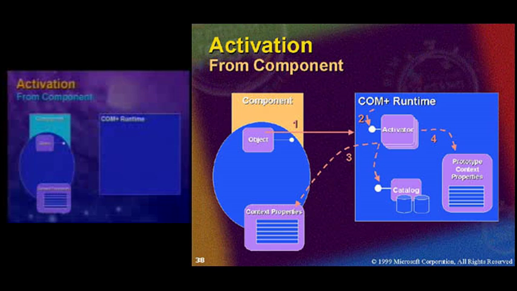So let's see if we can figure out what happens when we activate from a component. The object is going to call CoCreateInstance. And that's going to ask the activator chain to start its work of creating the subordinate object. Now the activators are going to look at the current context of the caller to establish a set of prototype context properties.